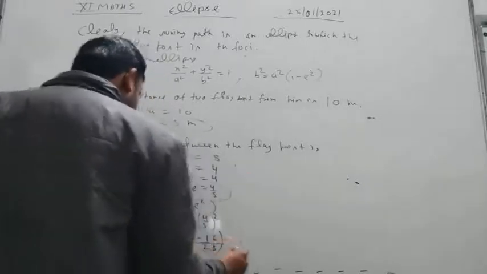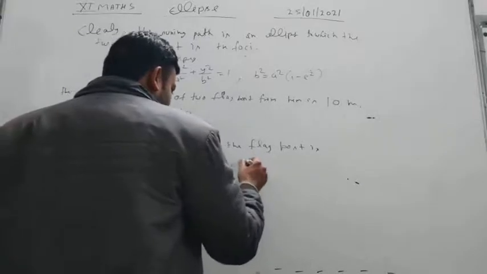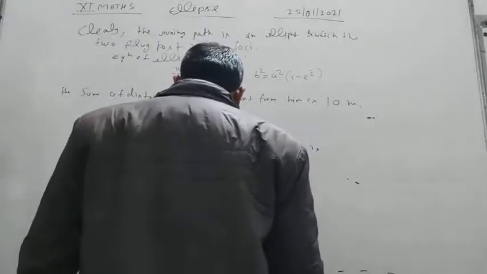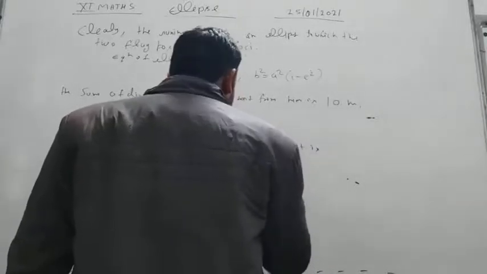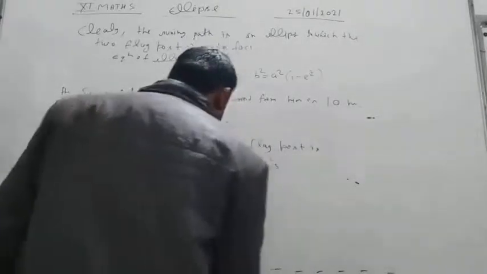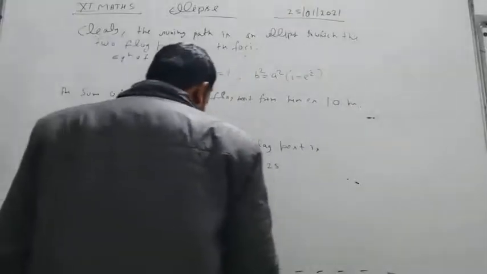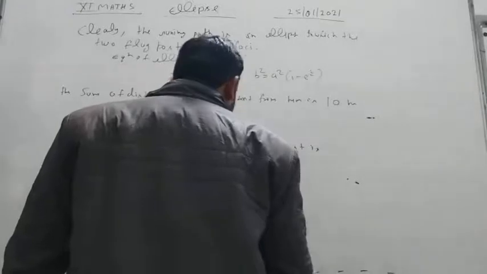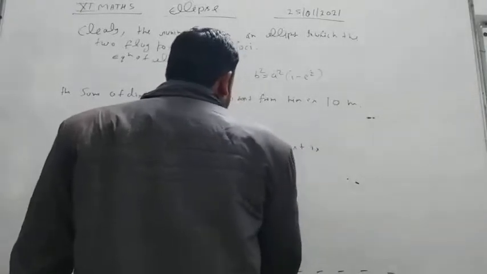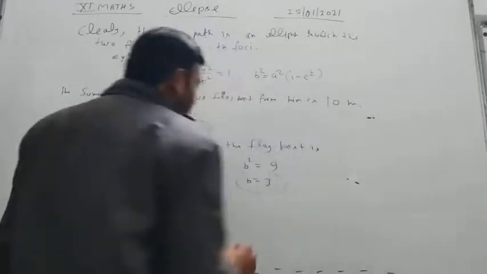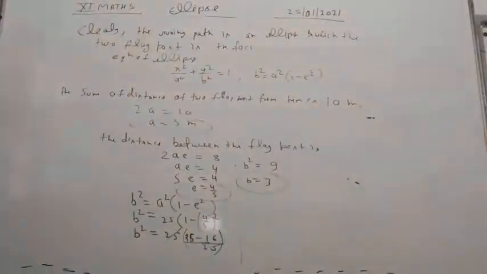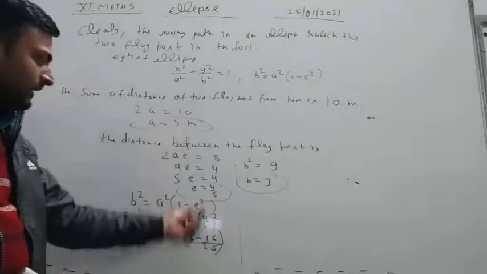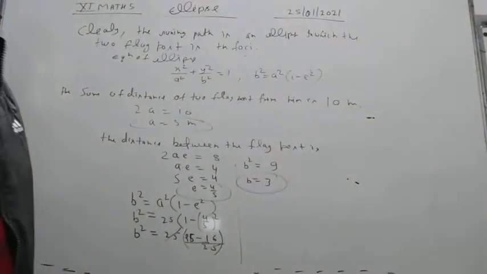The 25 will be cancelled, and we get b square is 25 minus 16, that is 9. So b is equal to 3. So we have got b is 3, a is 5 and e is 4 by 5.